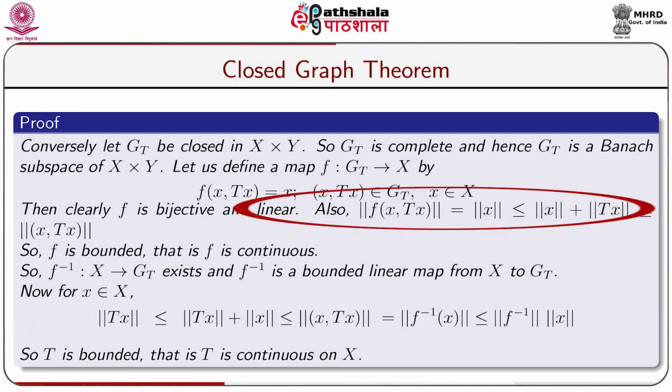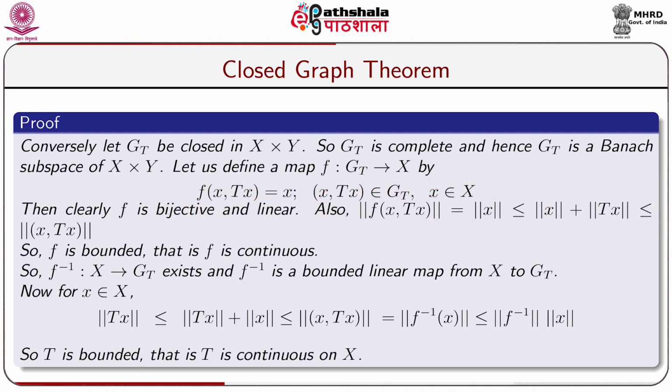Also norm F of the pair (x, Tx) is equal to norm of x by the definition of small f, which is again less or equal to norm x plus norm Tx, because norm of Tx is always greater or equal to 0. So norm of x plus norm of Tx is less or equal to norm of the pair (x, Tx).